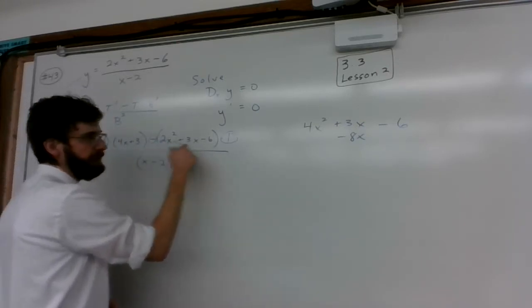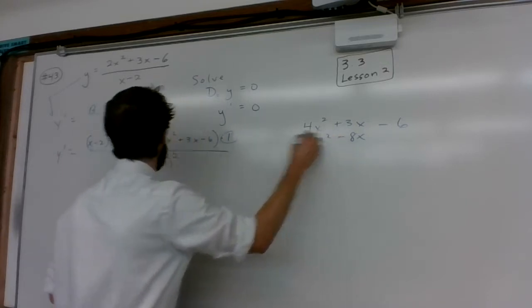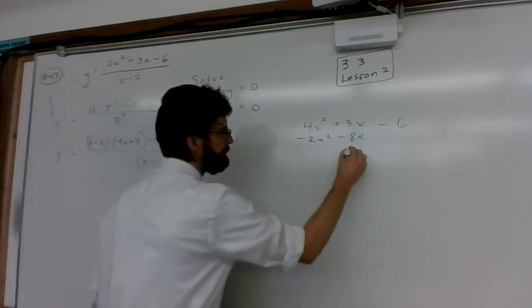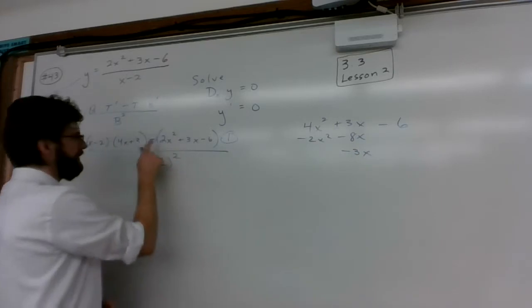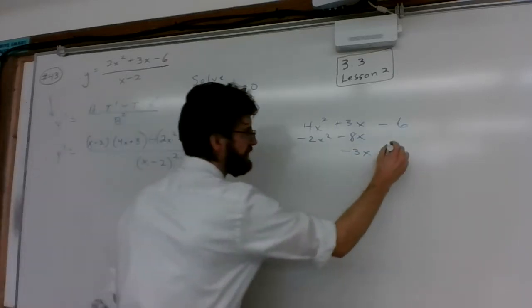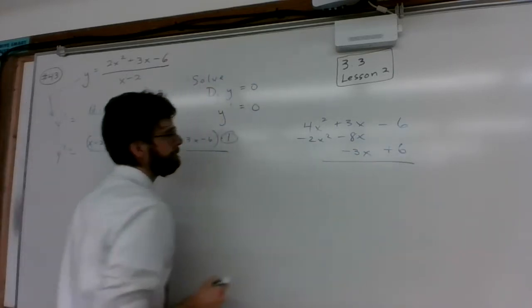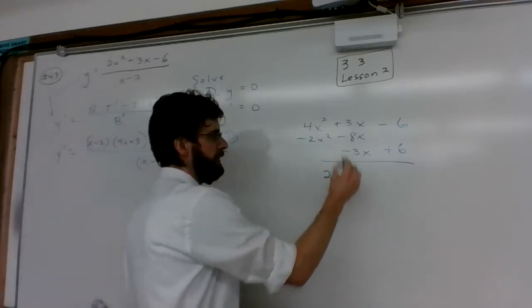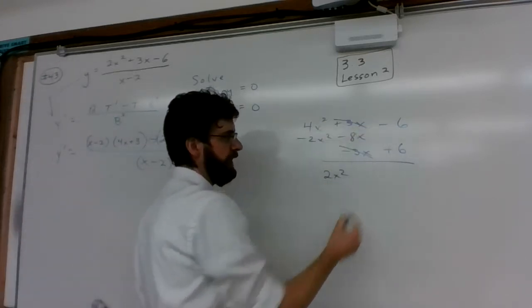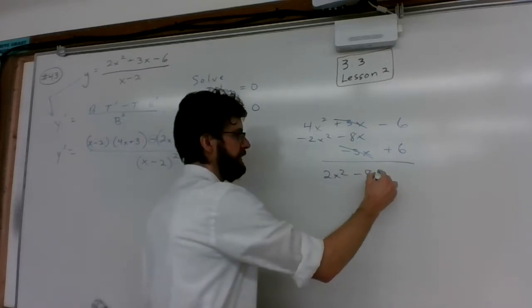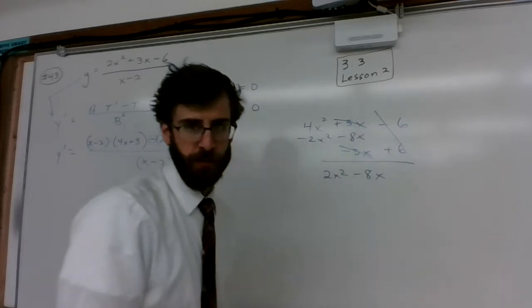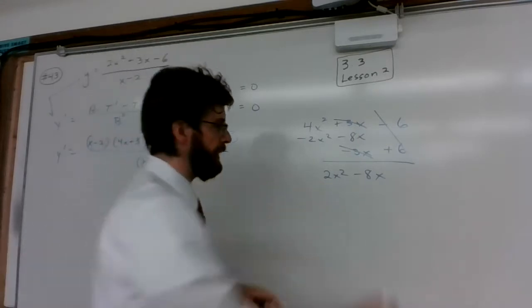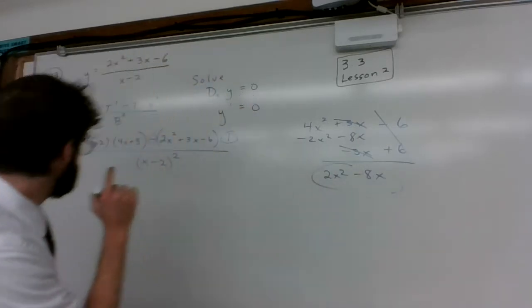So that's going to be a minus 2x squared, a minus 3x, and then a minus 6, so a plus 6. That gives us 2x squared. The positive 3x and the negative 3x will cancel out. You got minus 8x, and then these two cancel with each other. So this is now the numerator of my derivative.